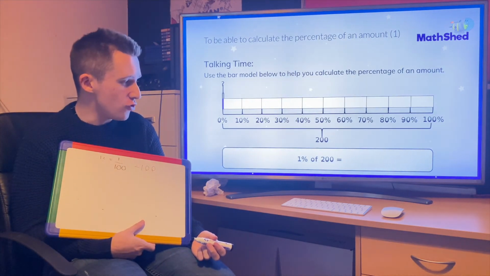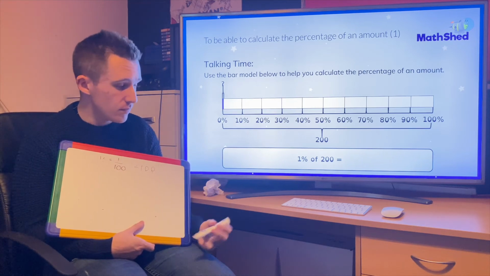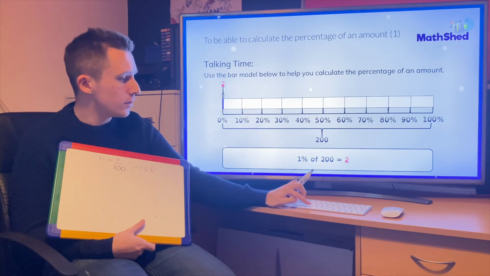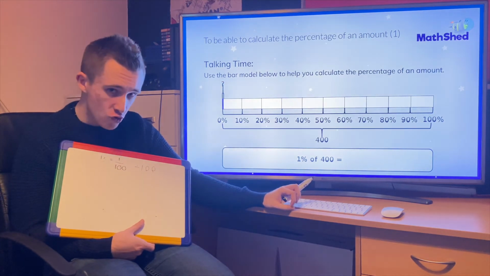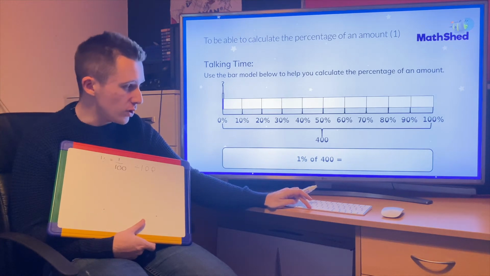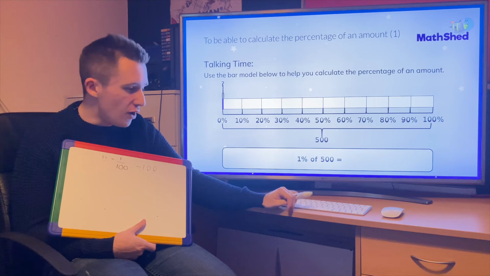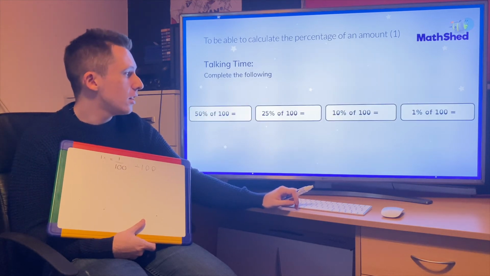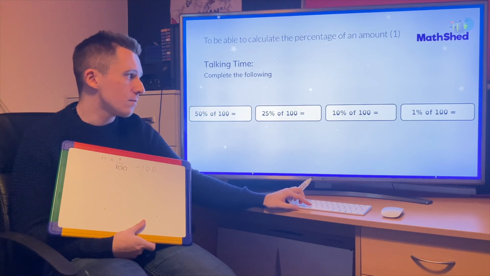So we take 200, we divide it by 100, which would give us an answer of 2. 400, again, we're going to divide it by 100, which would give us 4. Same with 500, would give us 5. Okay, and that's just an application there of all the different ones.